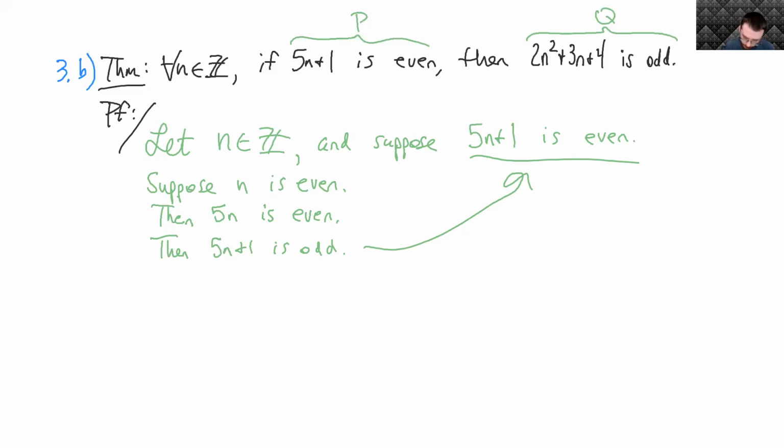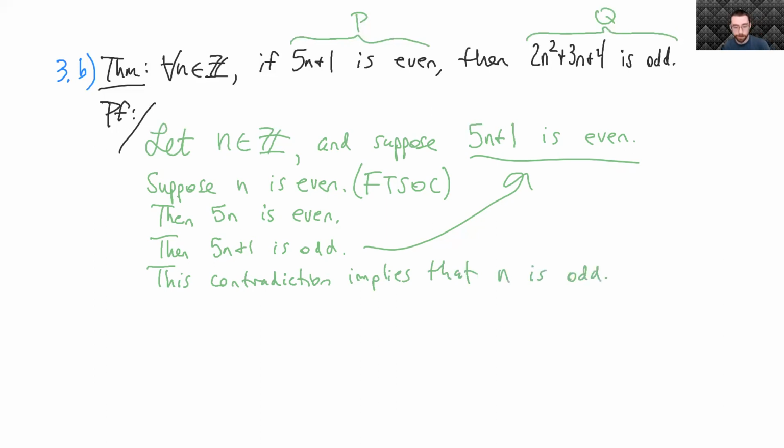Let's say FTSOC, which is for the sake of contradiction. So this contradiction implies that n is actually odd. Okay, so that's a mini proof inside this larger proof.